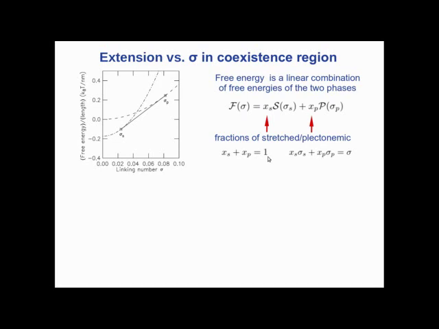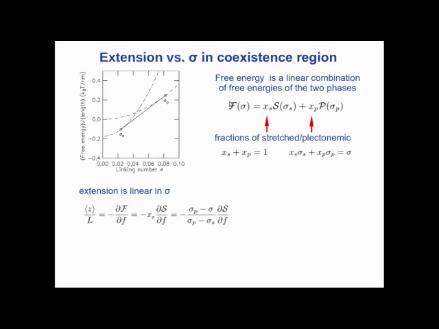Also, the linear combination, the fraction of S phase times the supercoiling density of S plus the fraction of P times the supercoiling density of P, is equal to sigma. So this is the Maxwell construction of these two.